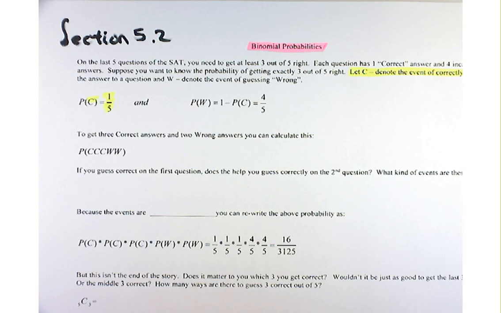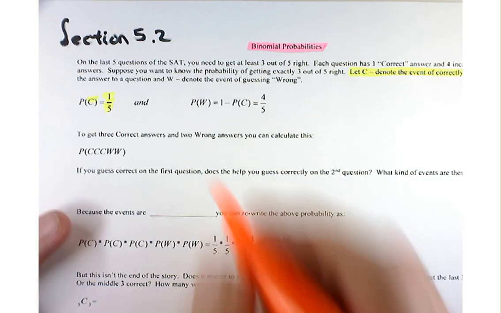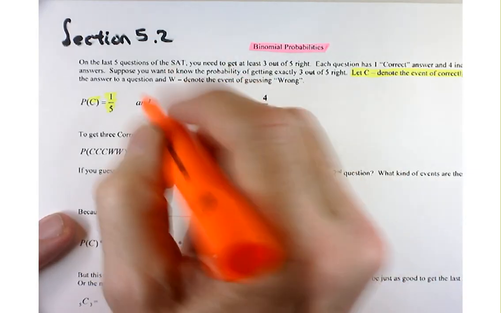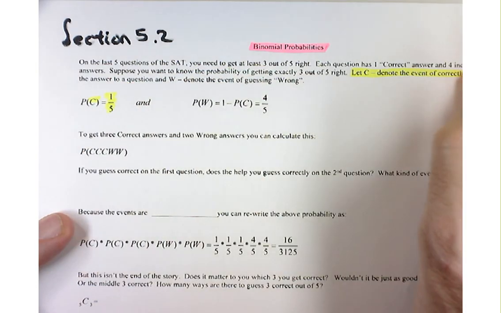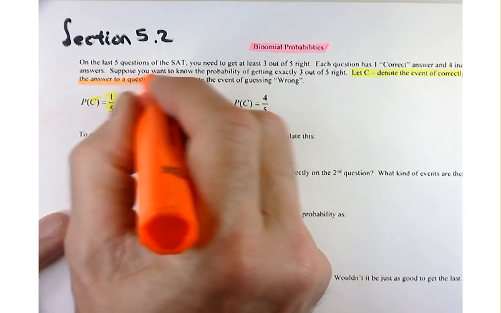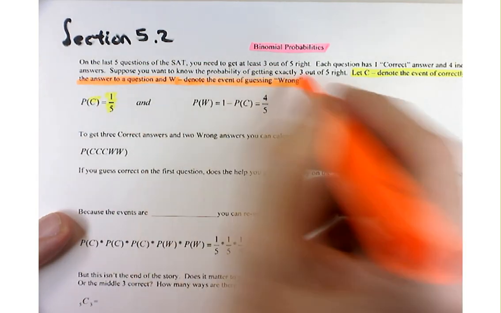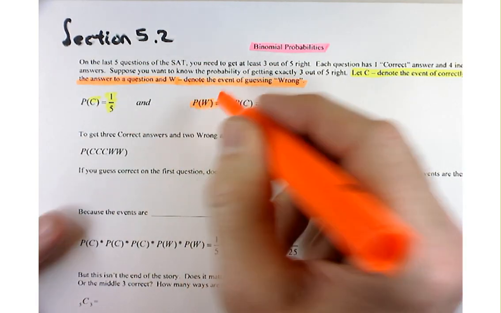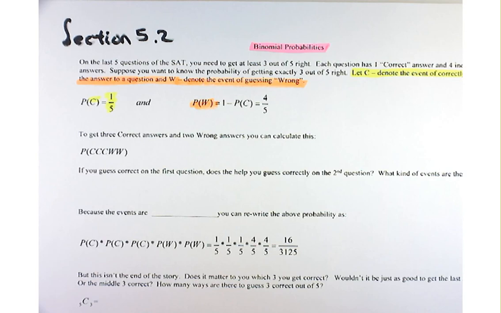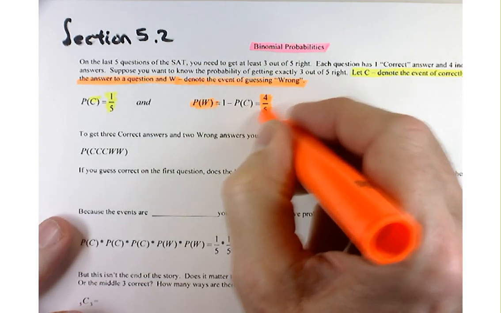What about the probability of guessing wrong? That's possibility 2: guessing the answer to a question and getting it wrong. We'll denote that with a W, wrong, and its probability is 4 out of 5.